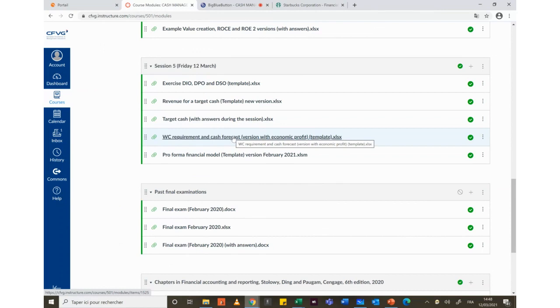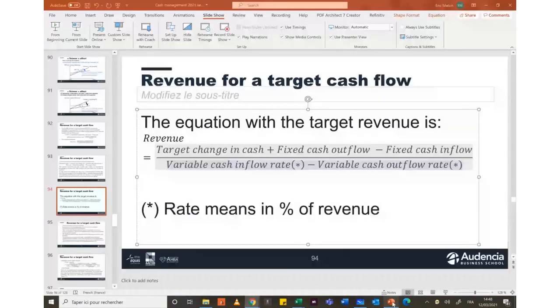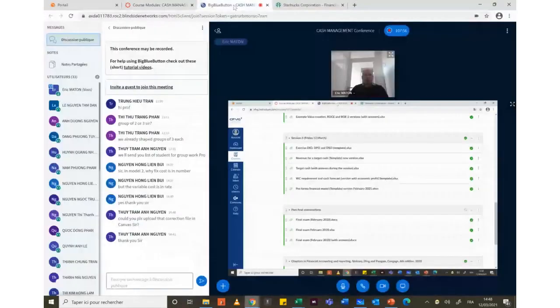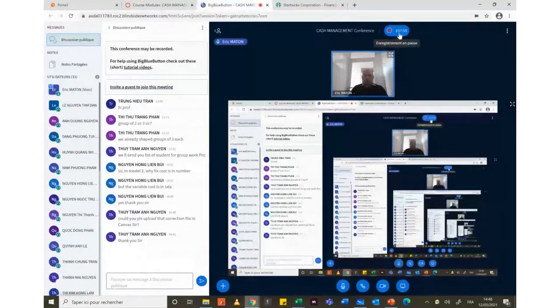And if we have time at the end of the session, I will present the discounted cash flow methods, how we can forecast the share value, the stock price in function of the discounted cash flows. So I will try to do this one and this one in the second part of the session. So see you in 10 minutes, okay? I stop the recording and we continue the recording after the break.